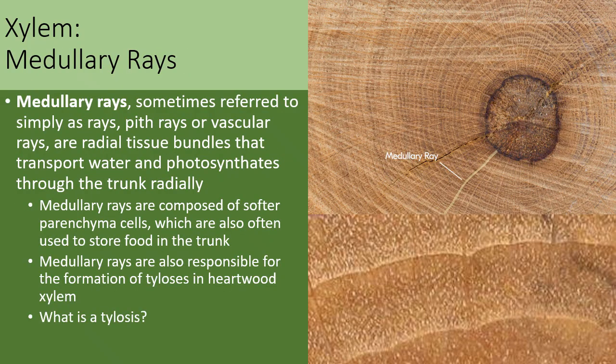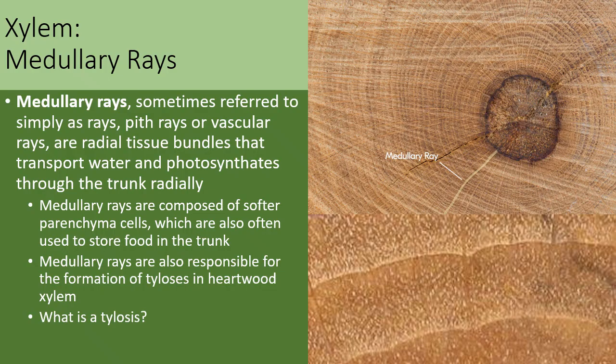Another feature in wood that isn't actually xylem tissue, I probably shouldn't have titled this slide with xylem in it, but medullary rays are these tissues that radiate out from the center of the trunk at a 90-degree angle to the annual growth rings.